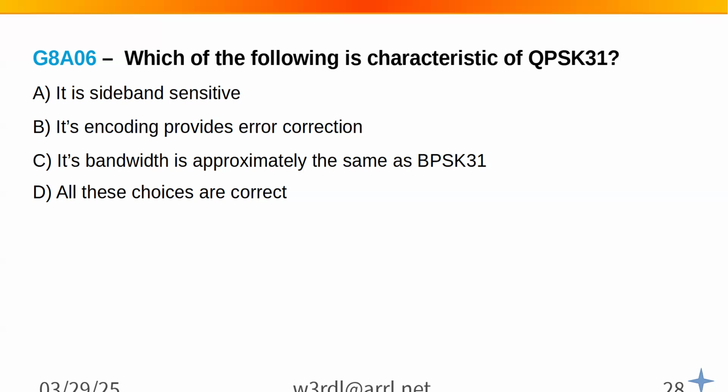Even though the symbol rate's the same, it's going to be a little bit wider, I think. And that encoding itself does not generate any error correction. Oh, I guess it is close enough to the same one. What? Encoding provides error correction? Oh, I don't believe that.